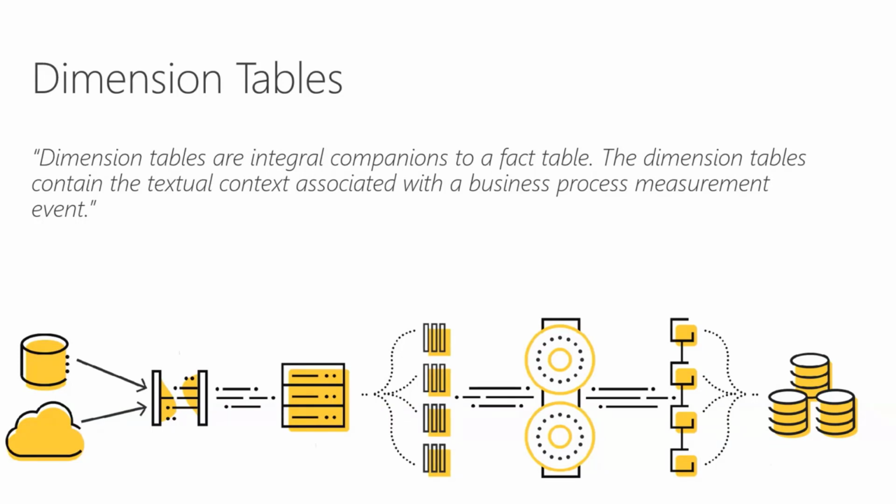For example, a fact table can have sales, right? And a dimension table can be region, and regional sales can be analyzed with the combination of facts and dimensions. You can understand for which region you have which kind of sales figure.